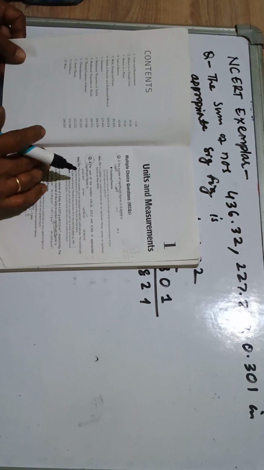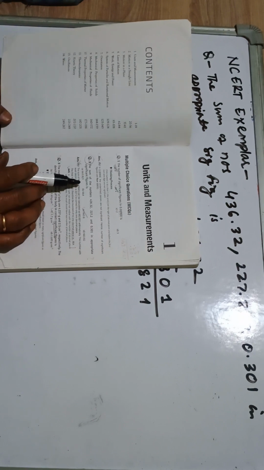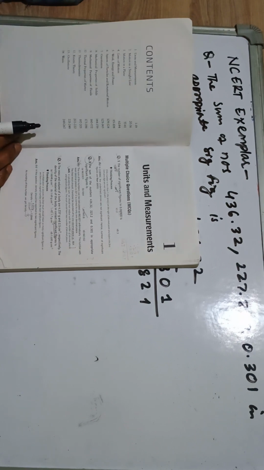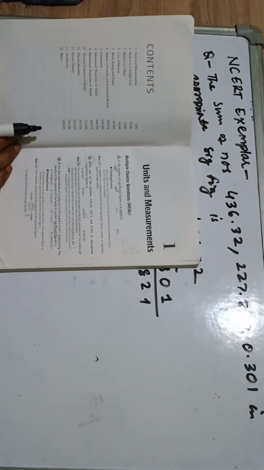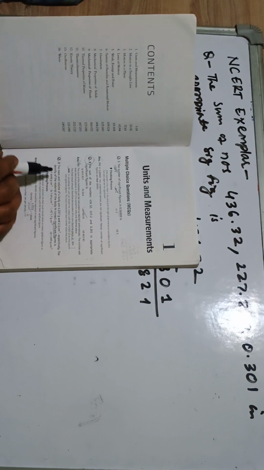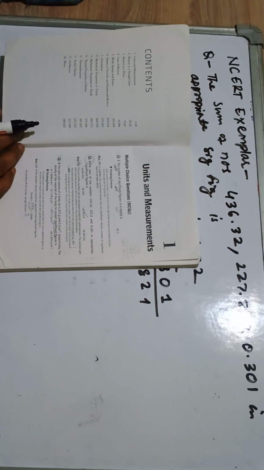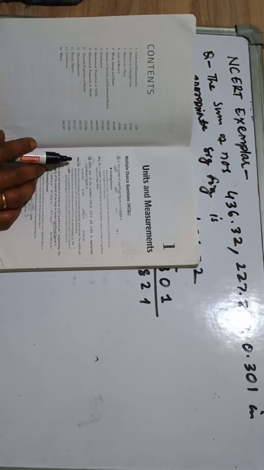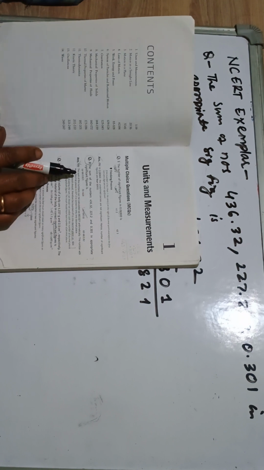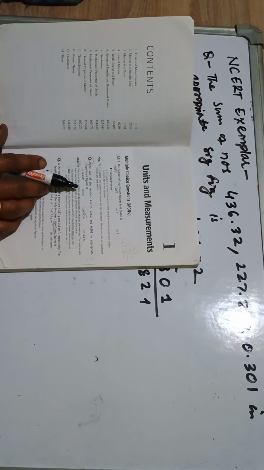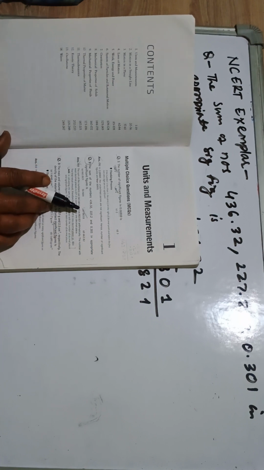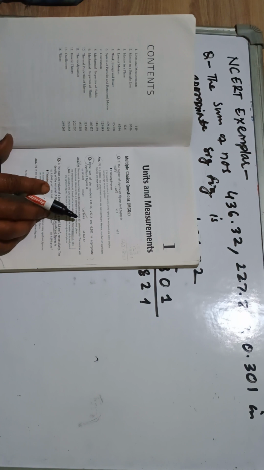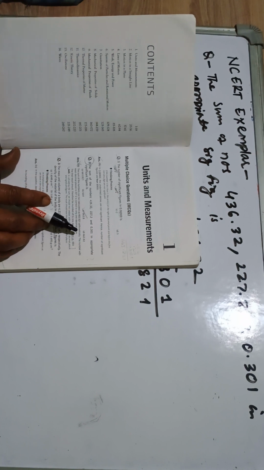Question number 2 says: the sum of the numbers 436.32, 227.2 and 0.301 in appropriate significant figures is, option A, 663.821, option B, 664, option C, 663.8, option D, 663.82.